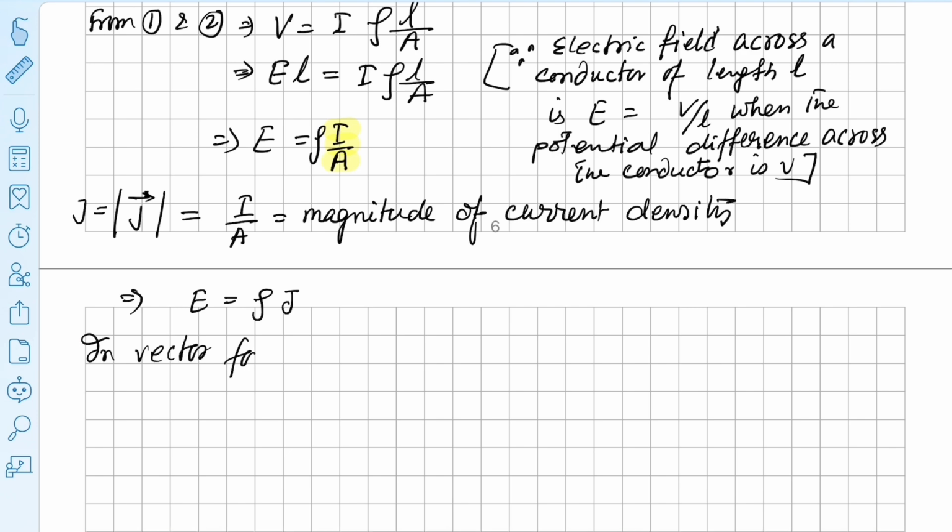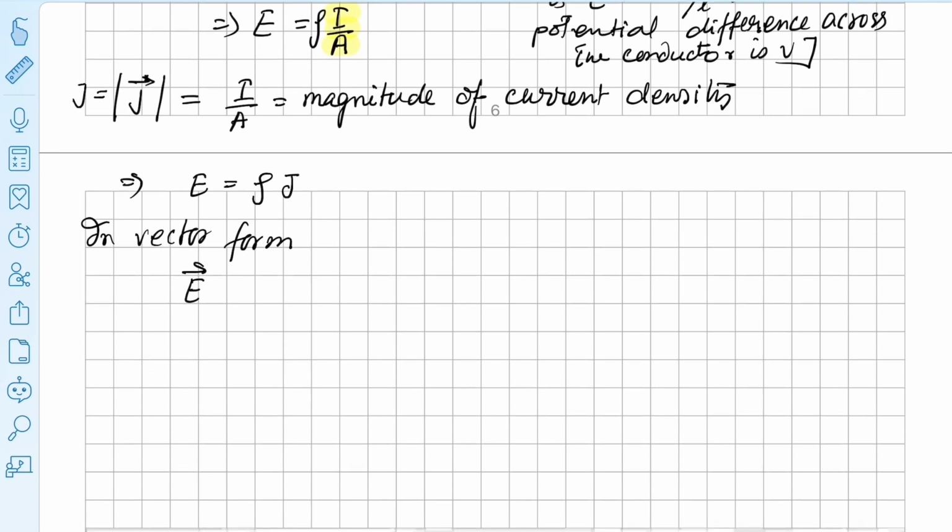In vector form, this E vector, because electric field is a vector quantity, is equal to rho into J, which is also a vector quantity, and the direction of J is along this electric field, right? So hope you have understood this.